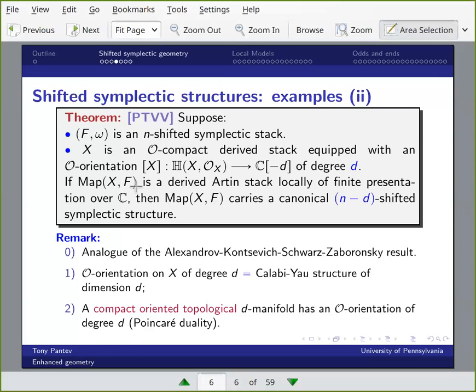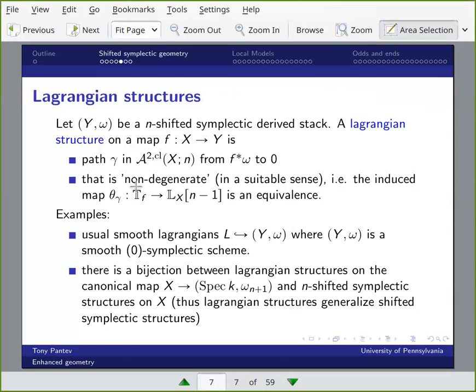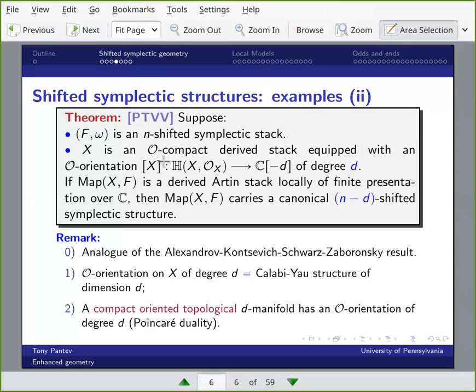What does O compact mean? O compact means that it's that non-degeneracy condition that I didn't explain. So it means, first of all, that the structure sheaf is a compact object in the category of quasi-coherent sheaves on X. And then it means that this linear map that I'm specifying here satisfies a non-degeneracy with respect to Serre duality.